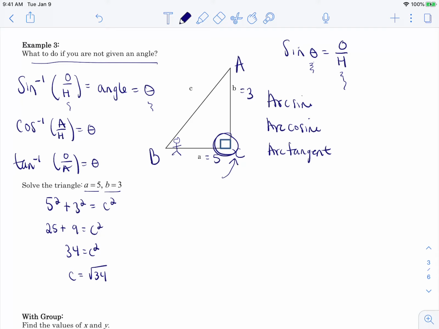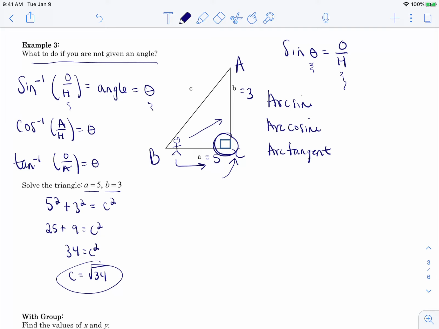If I'm standing at B, always use the side lengths that are given to you, just in case you messed up on the one side length you found. So if you're standing at B, what is 5 to you? Adjacent. And what is 3 to you? Opposite. Which one deals with adjacent and opposite?